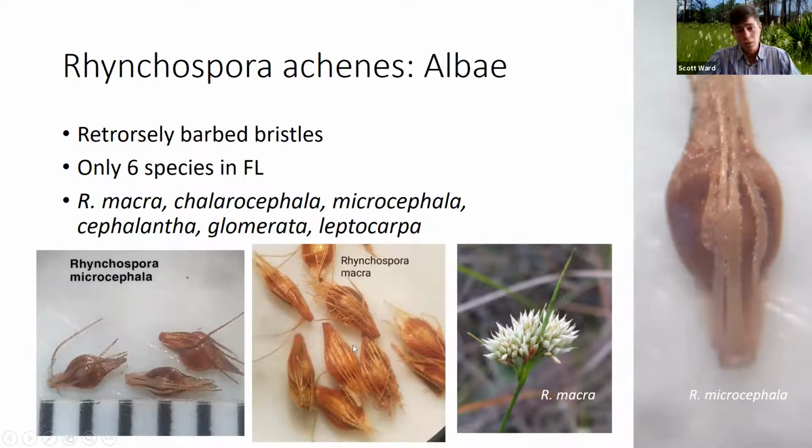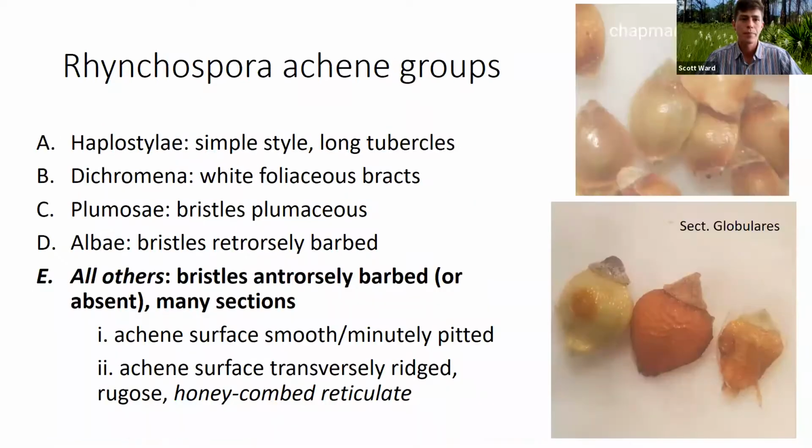Some species have tons of barbs or bristles, like in Rhynchospora macra, kind of the southern version of Rhynchospora alba with these white bracts. So outside of the achene, there's other characters that can be important as well. The last group, which I sort of just call all others, includes many different sections, like true sections of Rhynchospora.